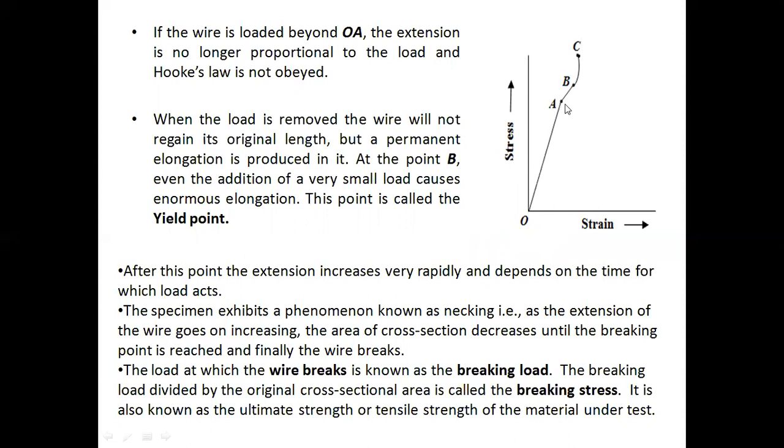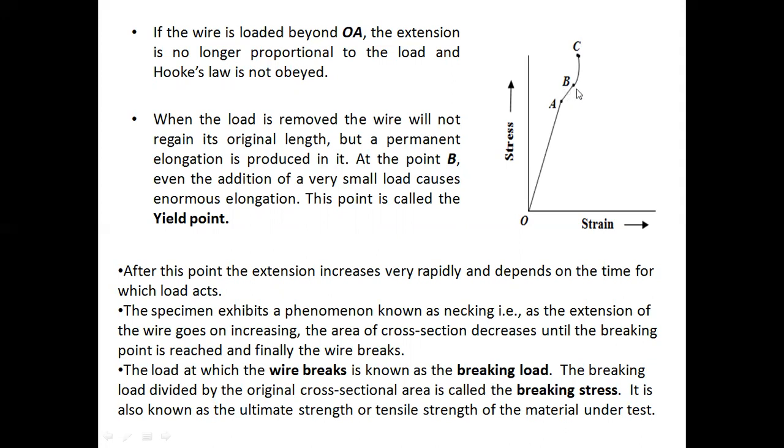When the load is removed, the wire will not regain its original length, but a permanent elongation will be there in it. At the point B, even any small addition of load to the wire causes enormous elongation. Hence this point B is called the yield point.